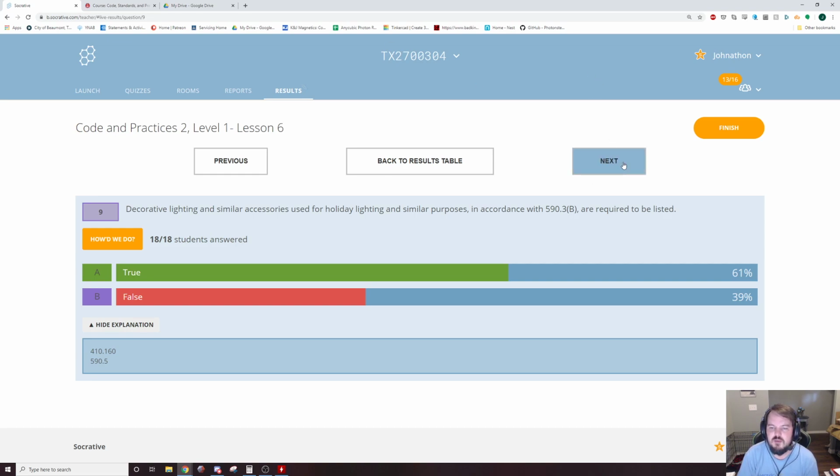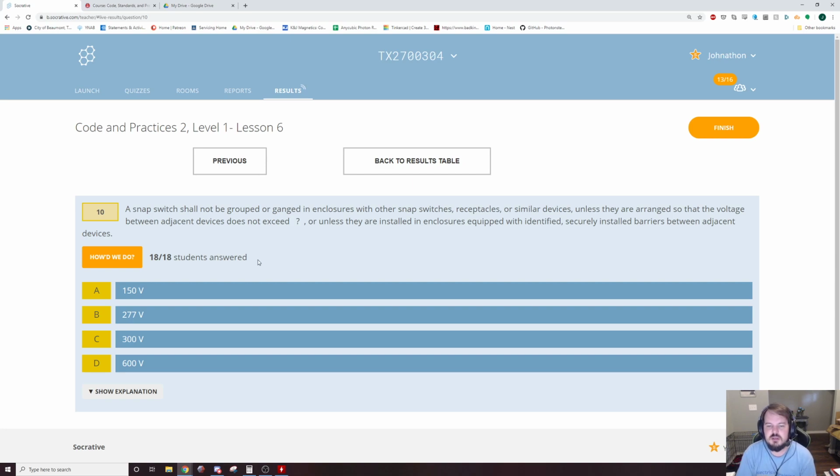And then, this is switches, so that's going to take us to 404. Grouping, I'm going to say, is what we're looking at. Accessibility and grouping is 404.8. Voltage between adjacent devices, 404.8b. And that voltage is 300 volts.